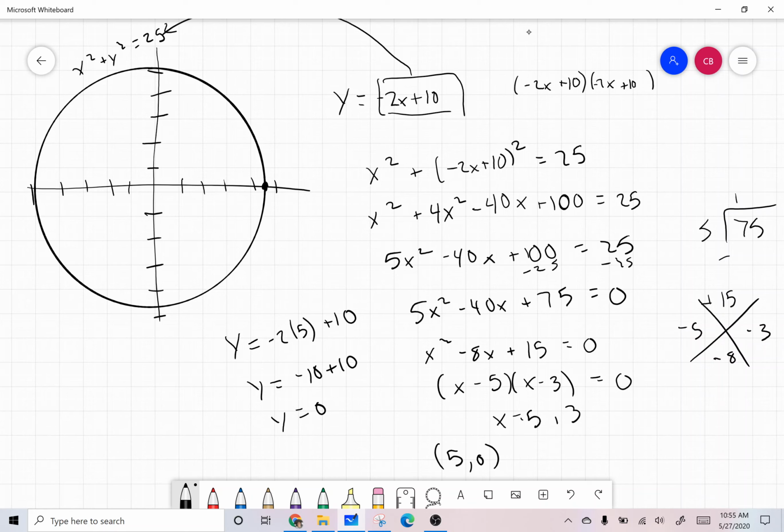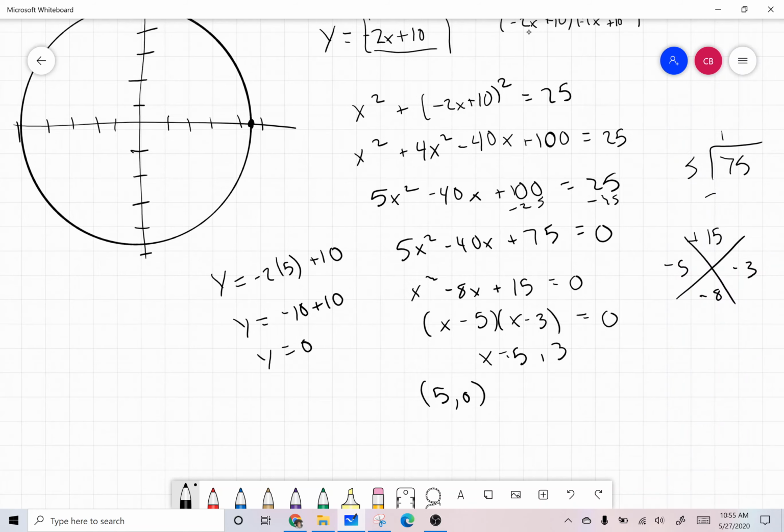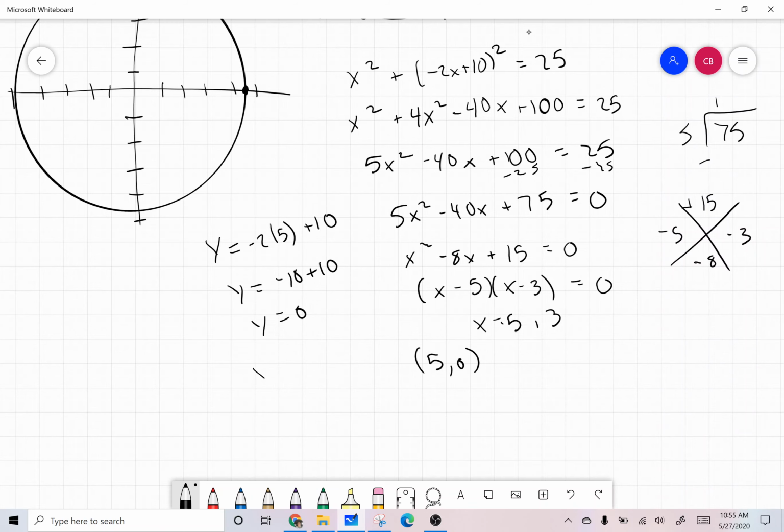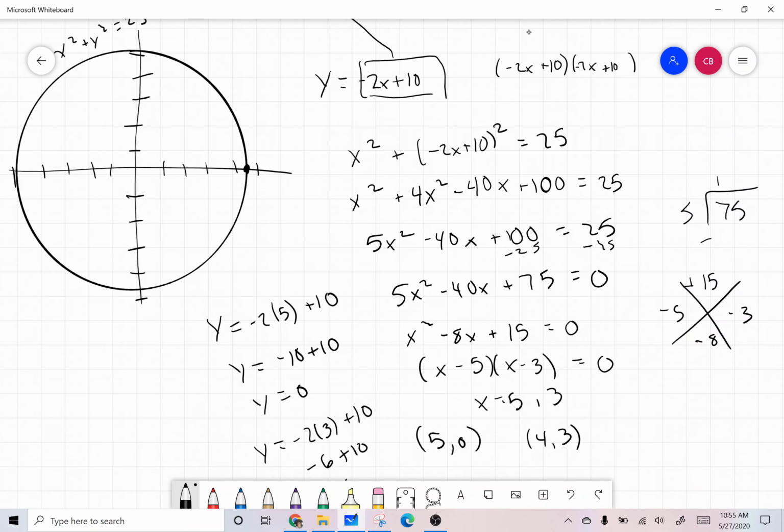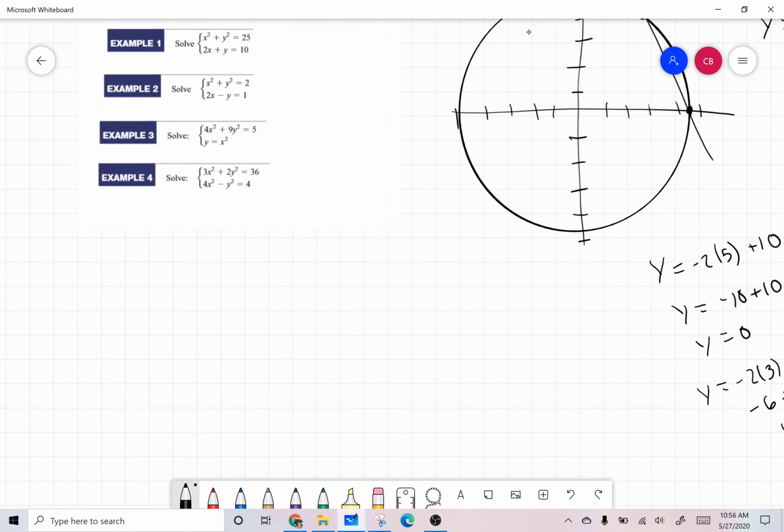And then if we do 3, y equals negative 2 times 3 plus 10, which is negative 6 plus 10, which is 4. Then (3, 4) is a point, so it would be somewhere like right here. So this line goes like that, and you can see those are the points of intersection, and therefore the solutions to these systems.